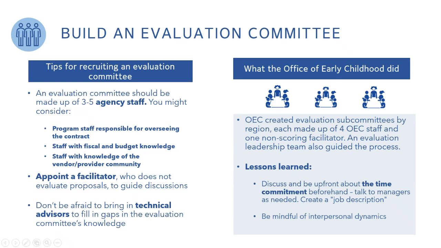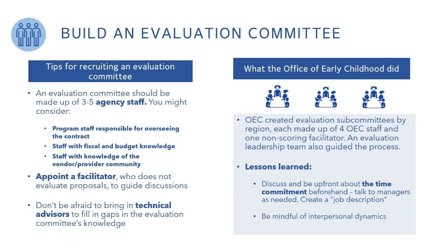What we tried to do, just as you were saying, is have program staff that are knowledgeable about those programs or had some experience in home visiting. So about half of the folks who were on each of the teams had experience in evidence-based home visiting. We also looked for at least 25%, so one person on each team, who was really comfortable and strong looking at data, because that was an element in this RFP.